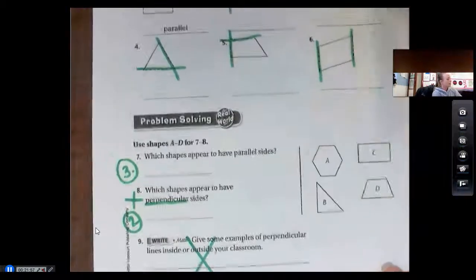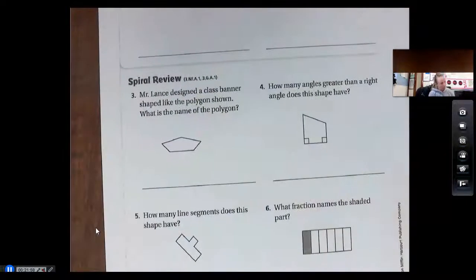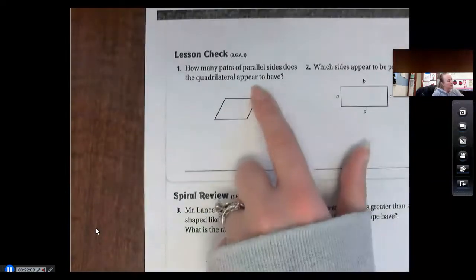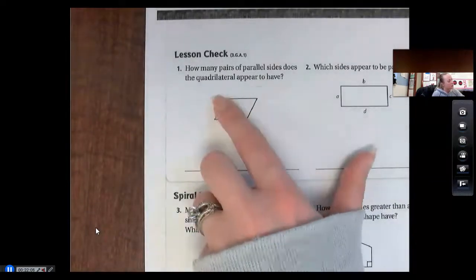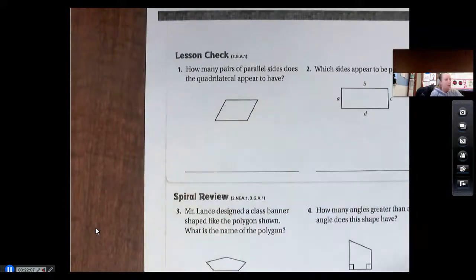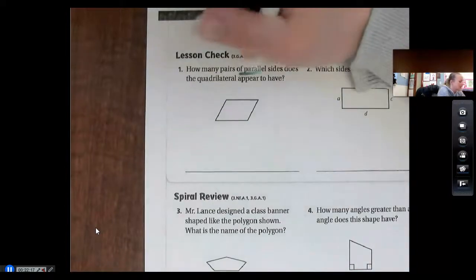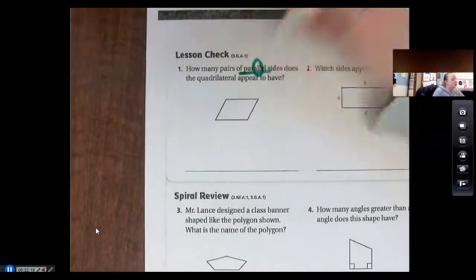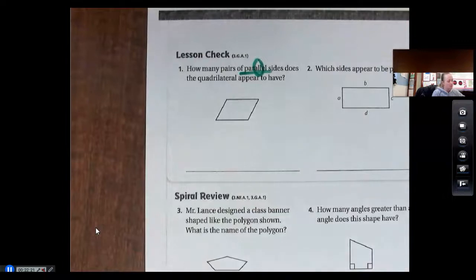All right, let's look at our next page. Our next page says, how many pairs of parallel sides does this quadrilateral appear to have? Think of it like a pair of socks. You must have 2 socks to make 1 pair. So how many pairs of parallel sides, lines that never ever cross, are in this shape?